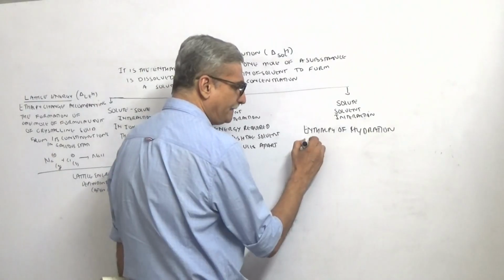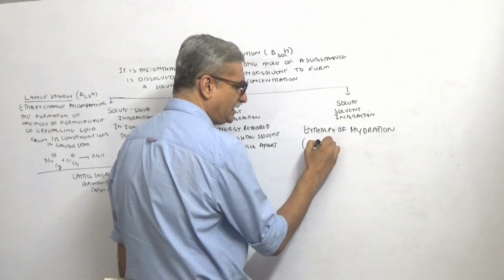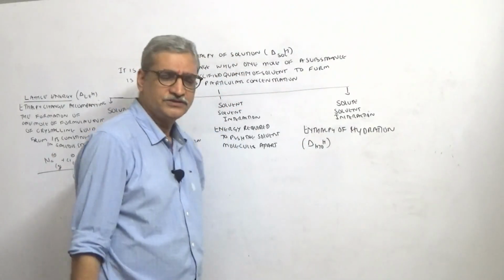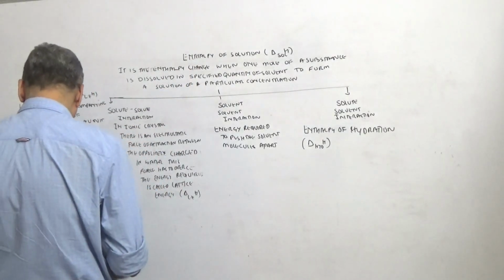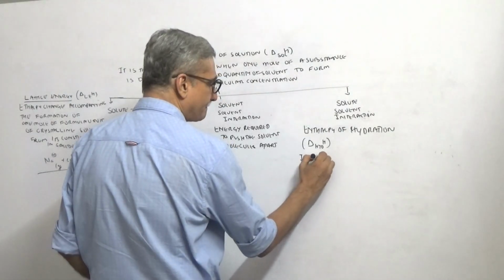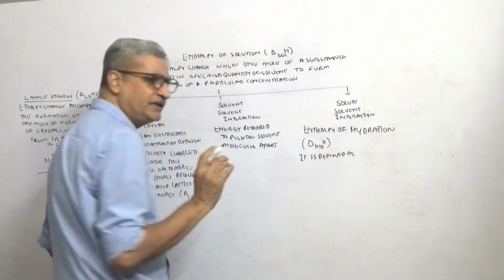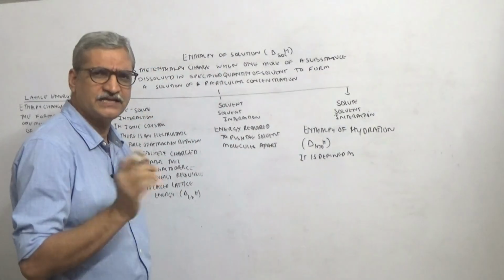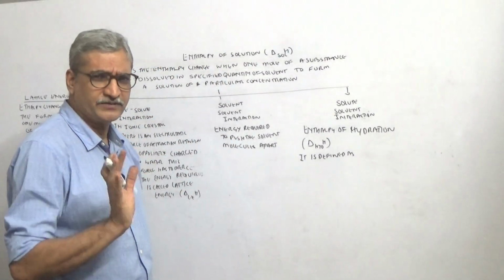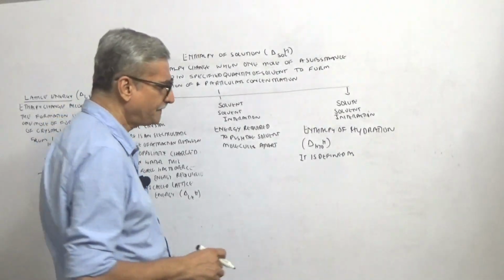So delta hydration H. So what is enthalpy of hydration? It is defined as, I am taking the definition as per some textbook because the language should not differ, okay.